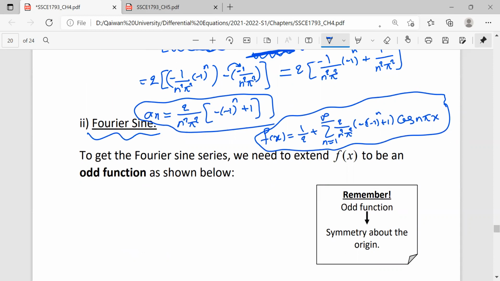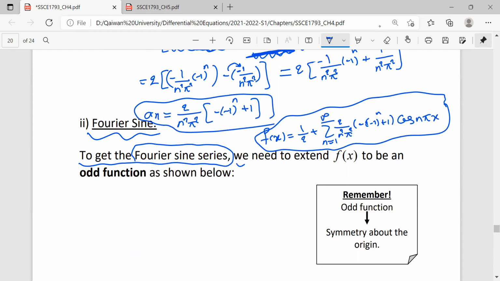But before we do that, for the Fourier sine series, if the function is an odd function, we just need to find the sine Fourier series.